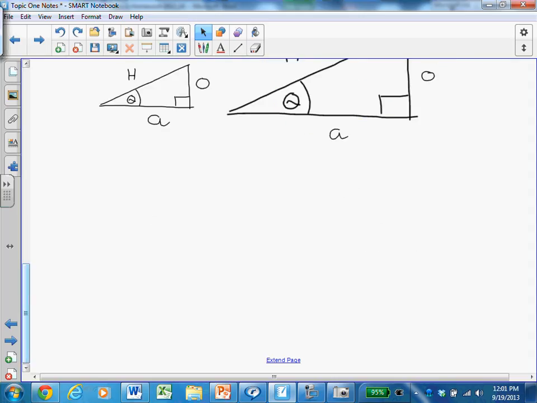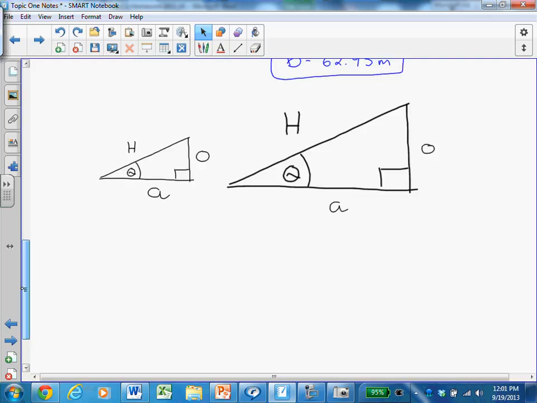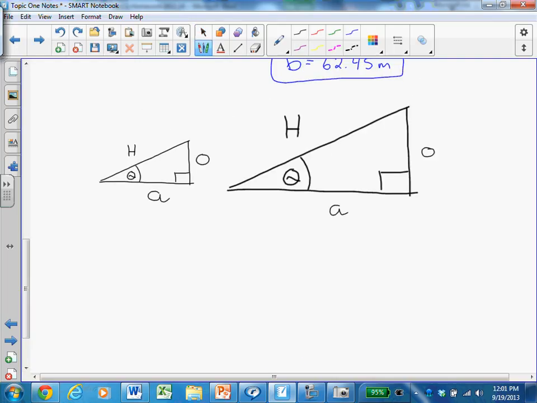Now these ratios have specific names. The first one we're going to talk about is sine. And we say sine of an angle, and our angle here is theta. And sine is the ratio of what? Anybody know? Opposite over hypotenuse.